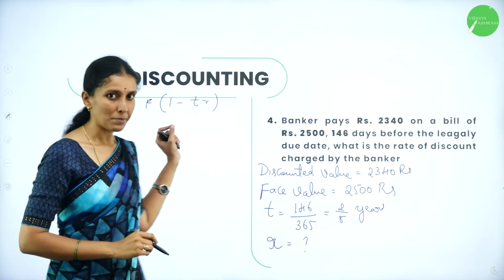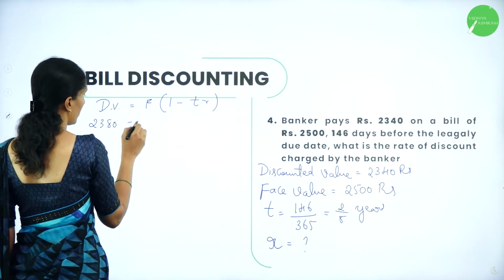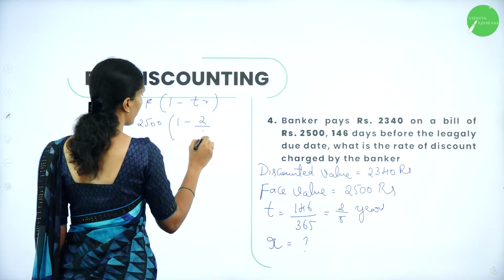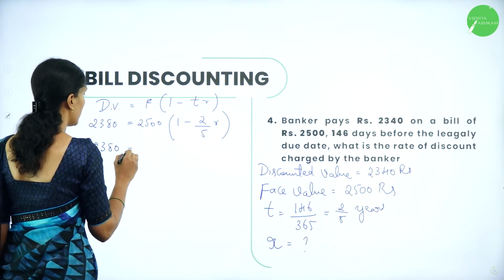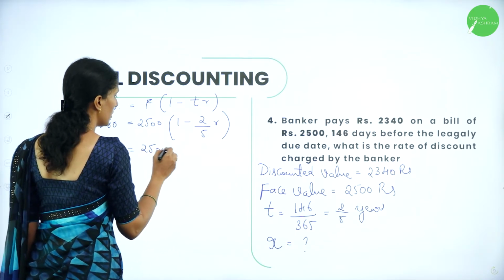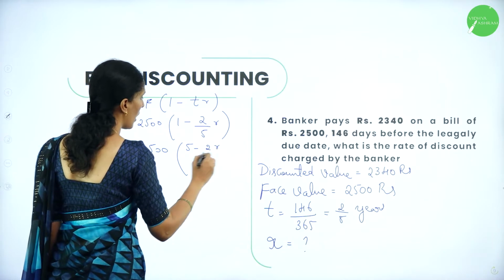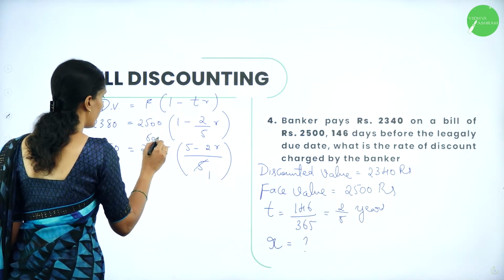Substitute the values. So 2380, 2500, 1 minus 2 by 5 r. So 2380, 2500. So solve this: 5 into 1, 5 minus 2r divided by 5. Again 5 ones are 5, 500s are.